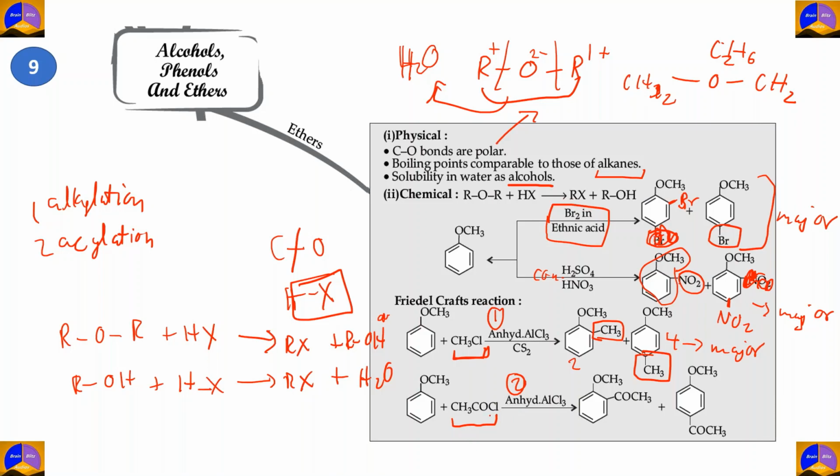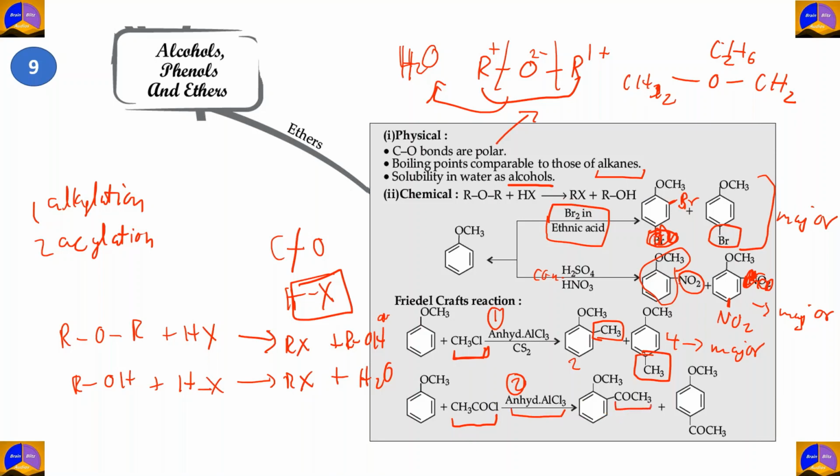And when we have an acylation reaction, which is present under the Friedel-Crafts reaction, we take the compound plus CH3COCl in the presence of anhydrous AlCl3, which is a very important reagent. It's always used in Friedel-Crafts reactions, whether alkylation or acylation, to form acetophenones.